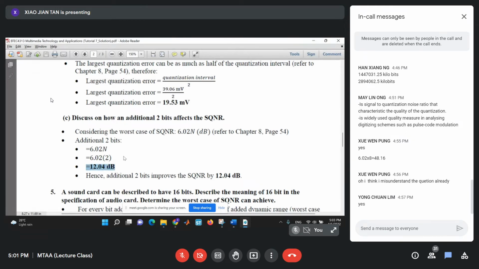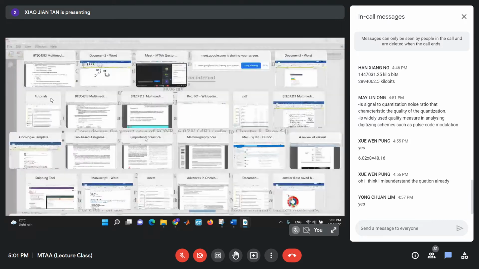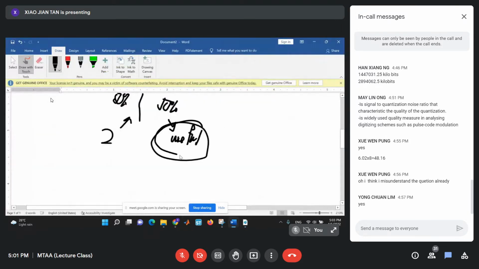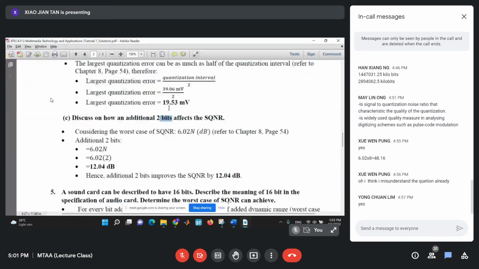But at the same time, when you add in 2 bits, you have the same amount of useful bits added to your audio file. So in the worst case, adding 2 additional bits will improve your original audio file by this amount of dB.